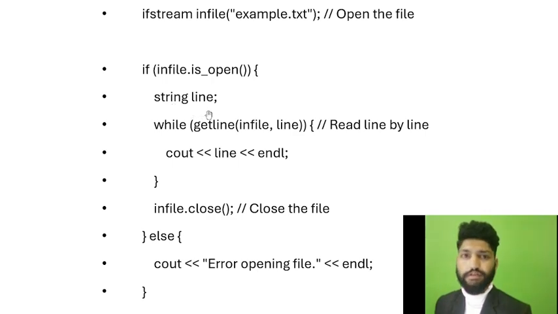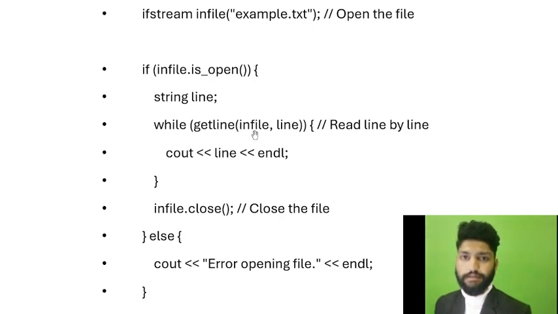We have created a string called line, and we use this string to get the data from the file. getline is a built-in function, by which we can get the line from the file.